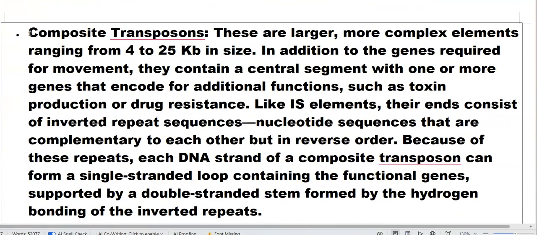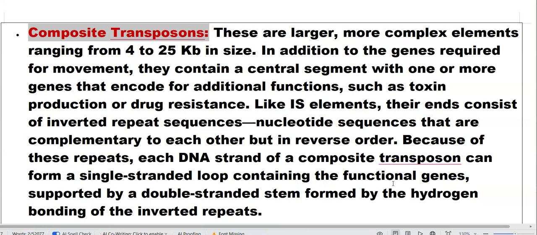Composite transposons. These are larger and more complex elements ranging from 4 to 25 kb in size. In addition to the genes required for movement, they contain a central segment with one or more genes that encode for additional functions, such as toxin production or drug resistance.